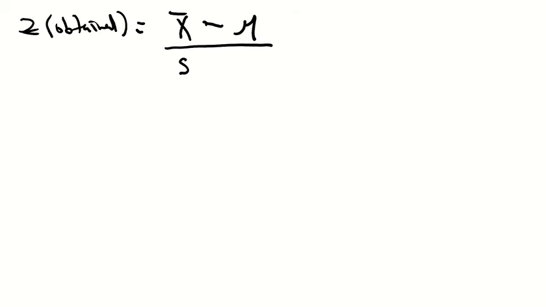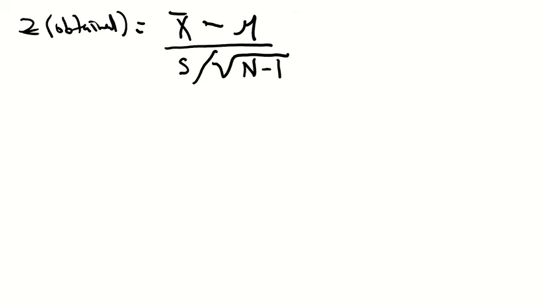Our z obtained formula is a pretty easy formula. It is the mean of the sample minus the population mean, divided by the standard deviation over the square root of N minus 1.